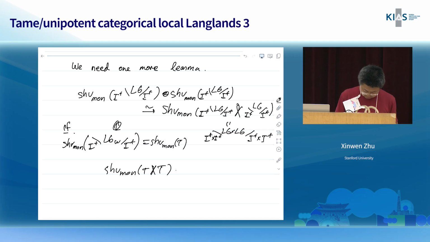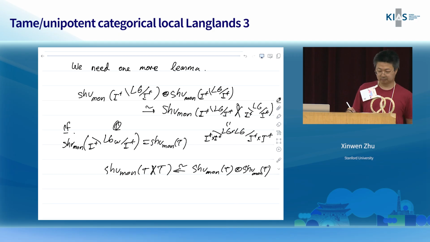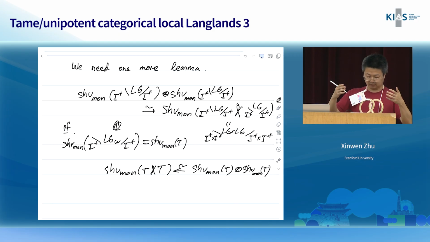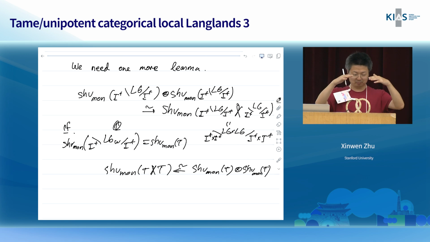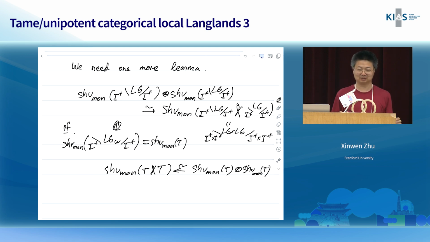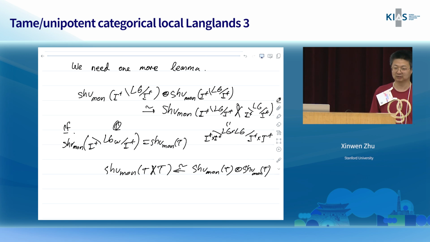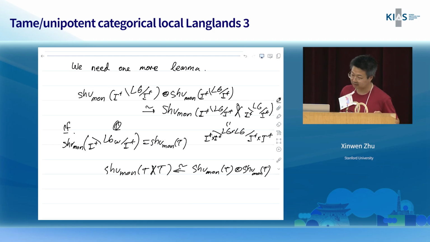So reduce to showing the following, which is equivalent. Recall what the monodromic sheaves on the torus are. These are just the sheaves generated by character sheaves, character local systems. But the whole point is that the character local system on a product torus is the exterior product of character local systems on the tori. So I stop here.